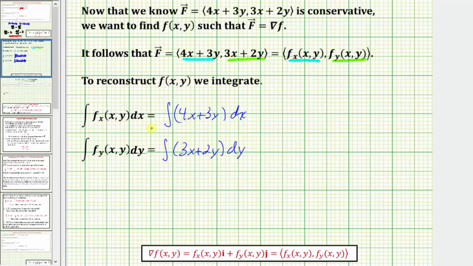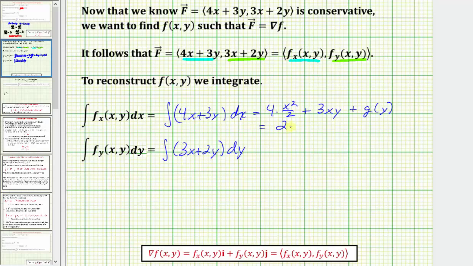So this integral will recover the x part of f, and this integral will recover the y part of f. Integrating with respect to x, here we'd have 4 times x squared divided by 2 plus 3y times x, or 3xy. Now here we're only recovering the x part of the equation, so we could still be missing y terms and a constant, so we'll put plus g of y to represent a function of y.